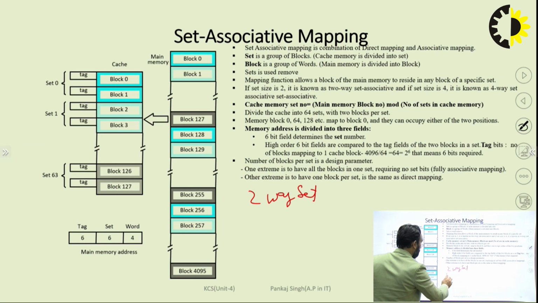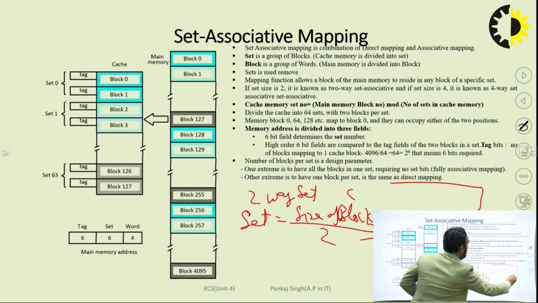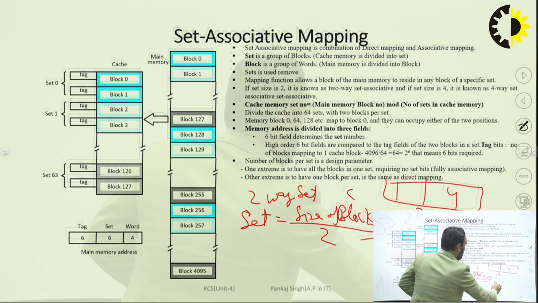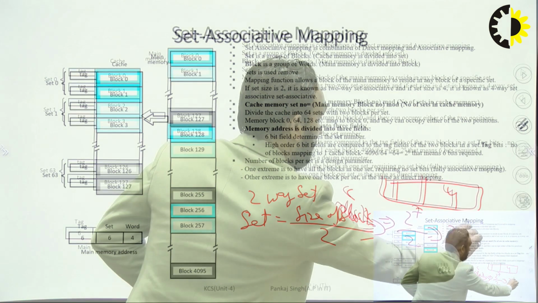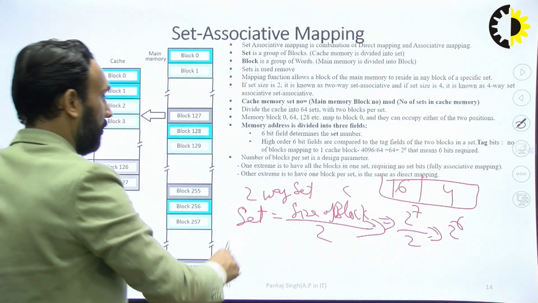So what is the set? It is the size of cache blocks divided by 2, that is 2 to the power 7 divided by 2, that is 2 to the power 6, so it is 6 bits. And what is the tag?